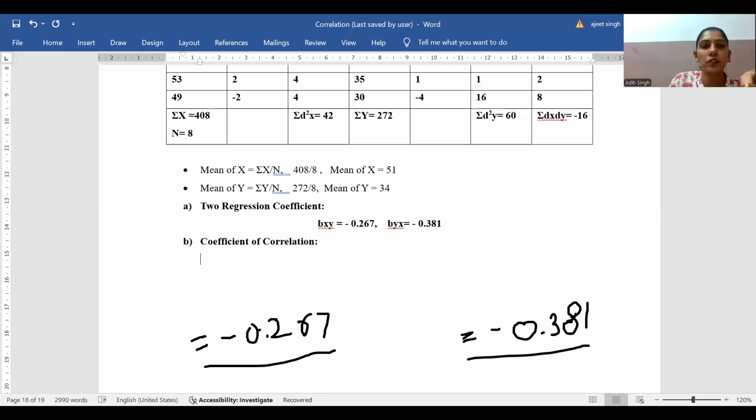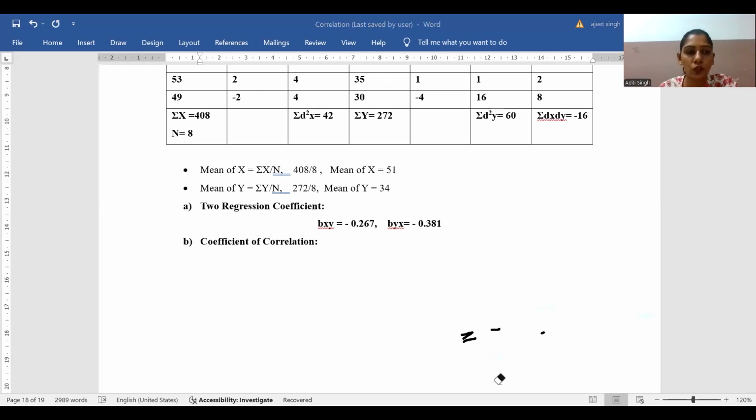So let's first write down the formula for calculating the coefficient of correlation. We denote the coefficient of correlation with the letter R.